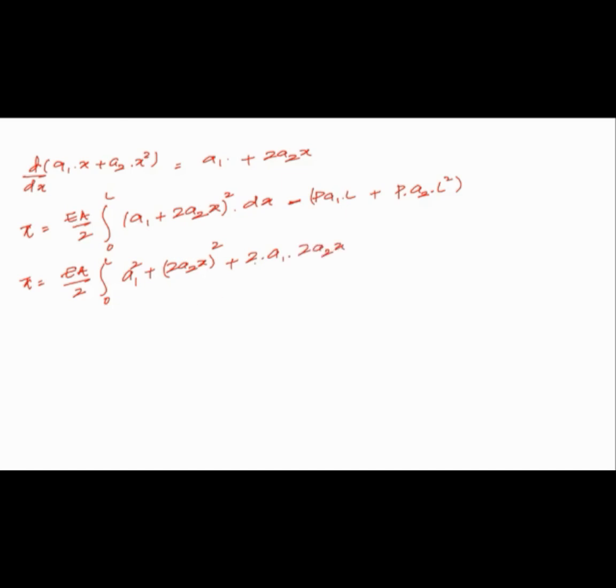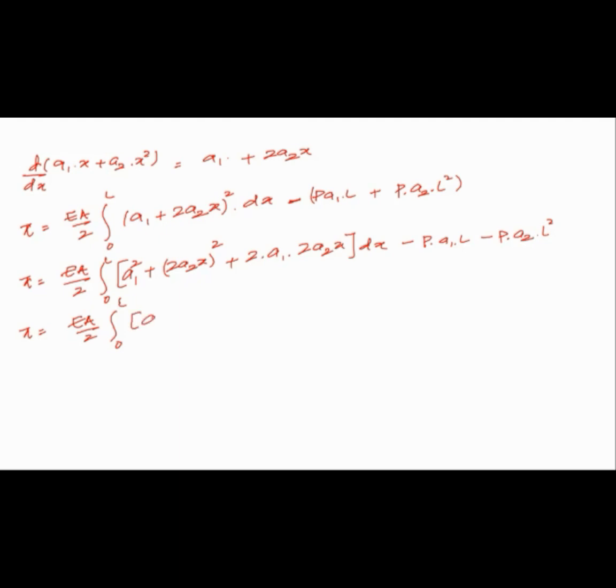This is my a, this is my b. Is it correct now? Then dx as it is, and this negative sign I'll take inside. So it is minus P into a1 into L minus P into a2 into L square. Now further I'll do the simplification. So Pi is equal to EA divided by 2 integration 0 to L.